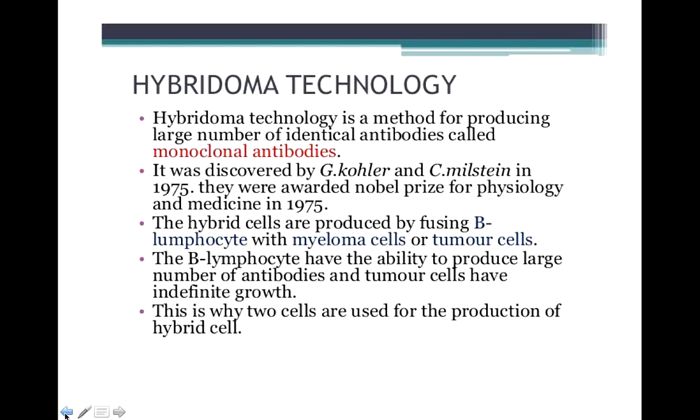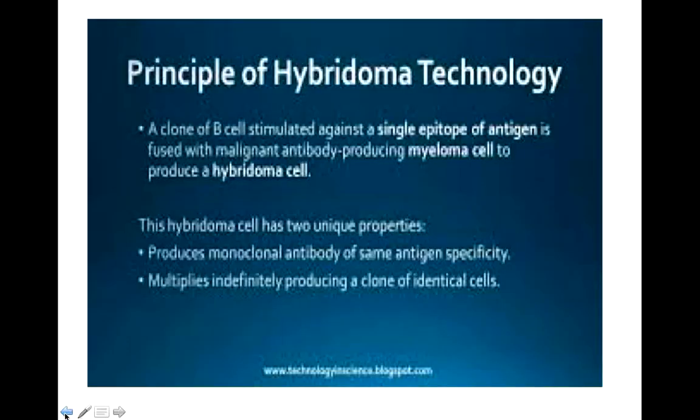The cancerous myeloma cells have a property of replicating, that is, they have immortal growth properties associated with them. And the antibodies are produced by the B cells. So, this way, the two cells are used for production of hybrid cells.